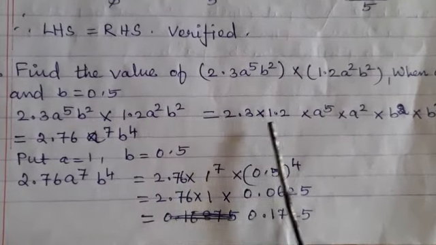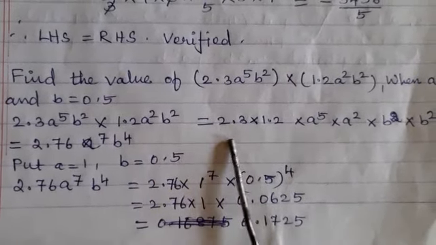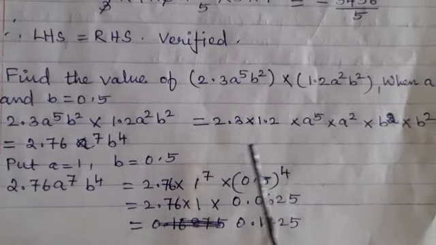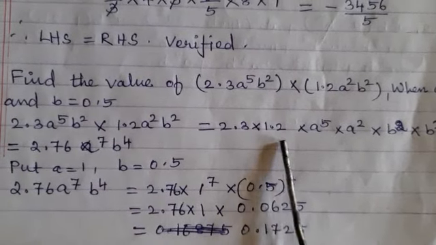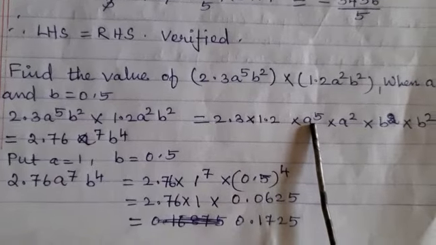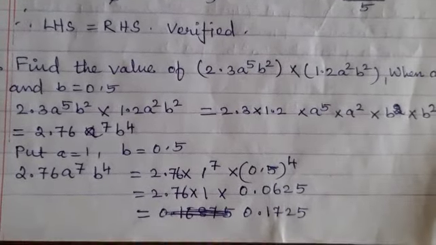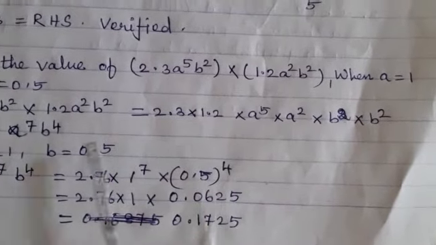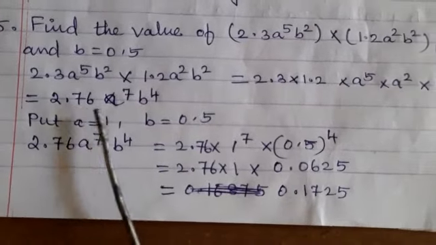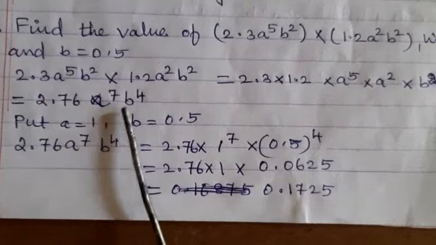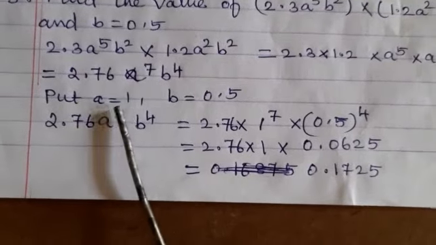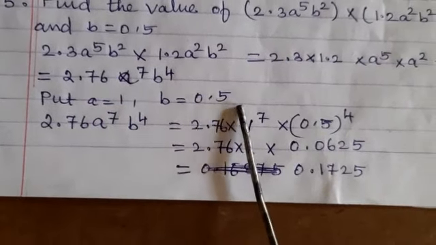So first we will multiply the sign, both are positive, so we will write the coefficient in this way, 2.3 multiplied by 1.2 multiplied by a to the power of 5 into a squared into b squared into b squared. So if I multiply it, the answer is 2.76 a to the power of 7 b to the power of 4. Put a equal to 1, b equal to 0.5.